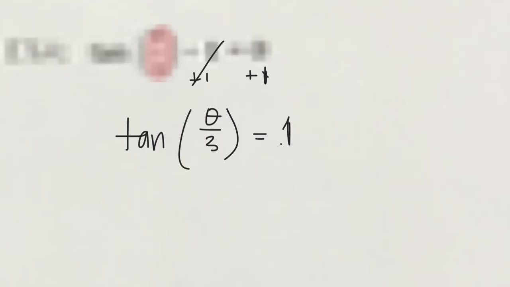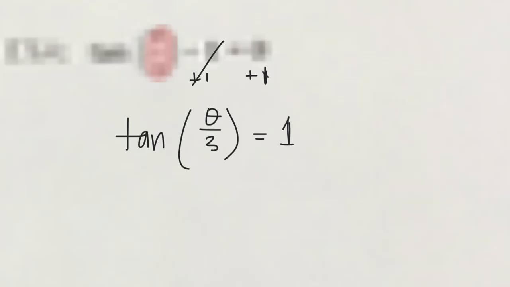Okay, here's our second example of our multiple angles. We solve it basically how we always do. So plus 1, because we want to get the thing away from our trig. So the tangent of some angle divided by 3 equals 1.